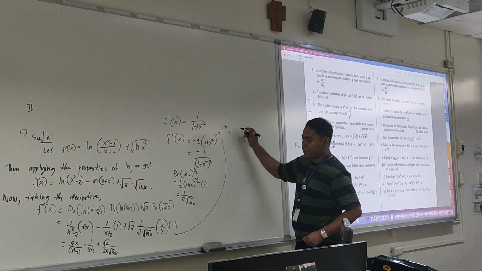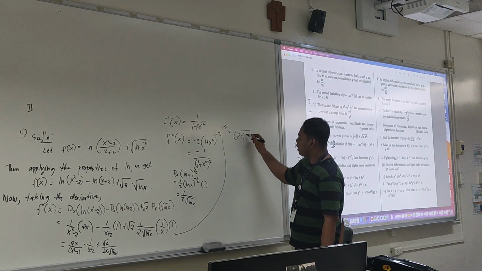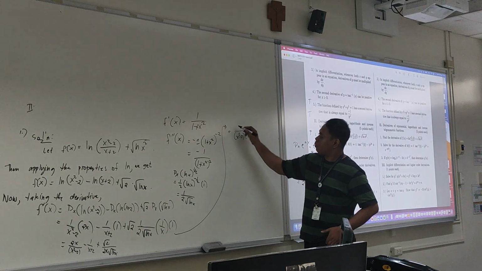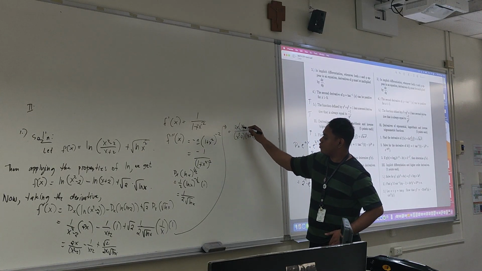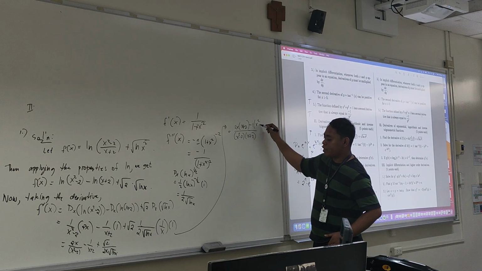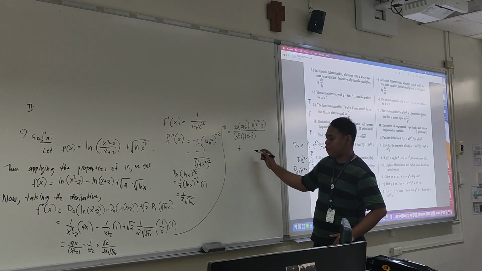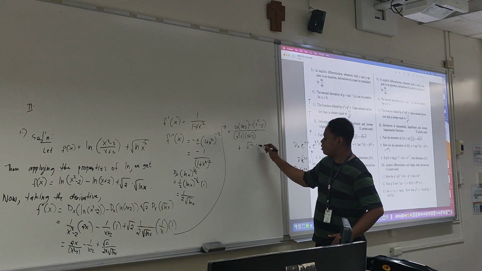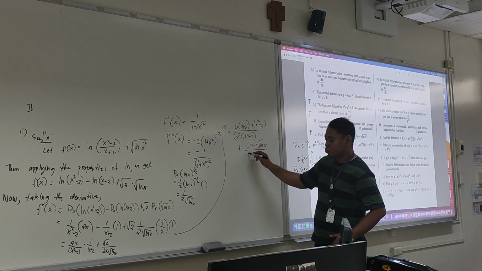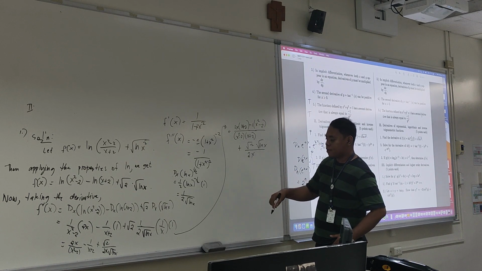So we have x squared minus 2 times x plus 2. And then we have 2x times x plus 2 here minus 1 times x squared minus 2, plus we have square root of 2 times the square root of ln of x all over 2x.